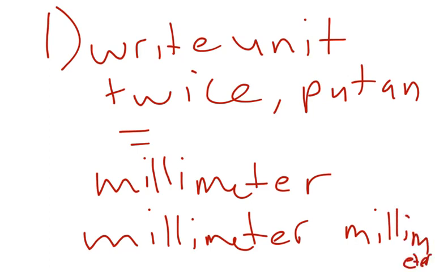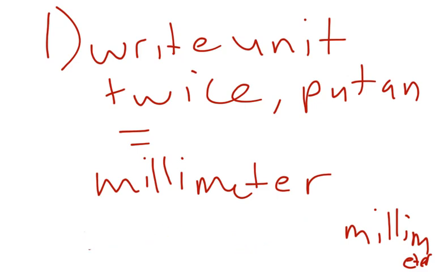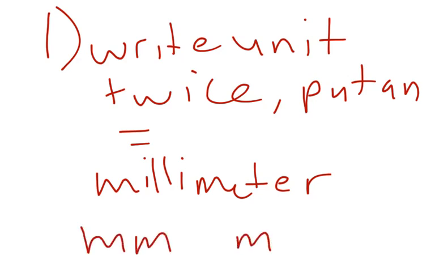Oops, I just ran out of space there. Let's make this a little bit neater. Okay, so millimeter, we're going to write that twice with an equal sign in between. That's step 1. Step 2 is to put a 1 in front of the first unit.